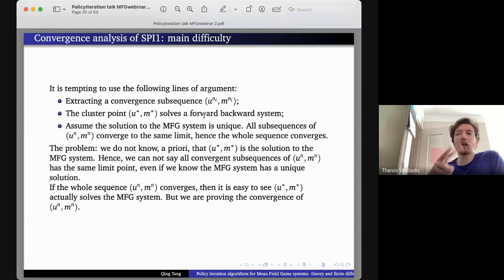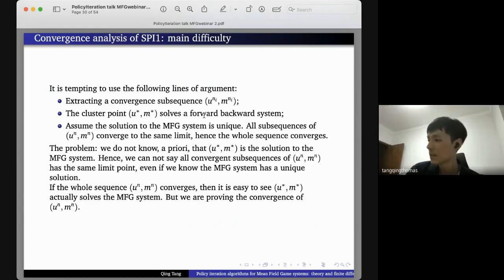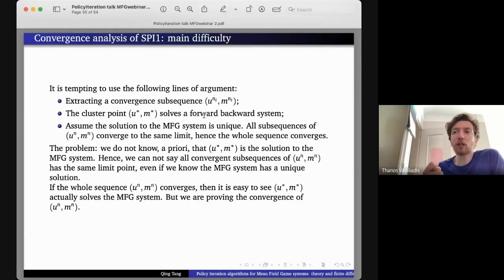I can understand that if you have multiple solutions to the MFG, then you might oscillate, as Mathieu says, with two sequences going to different points. But if you have monotonicity or some extra assumptions, can you rule out these cases?